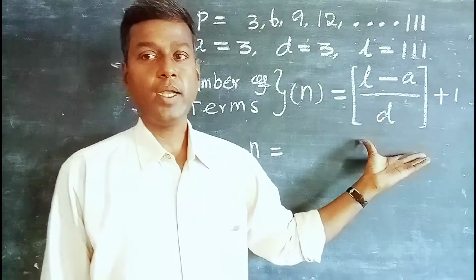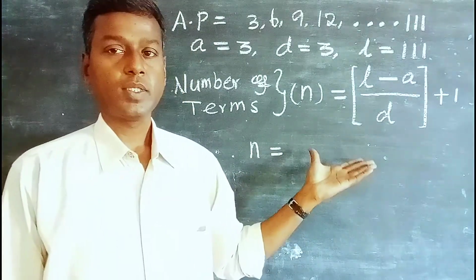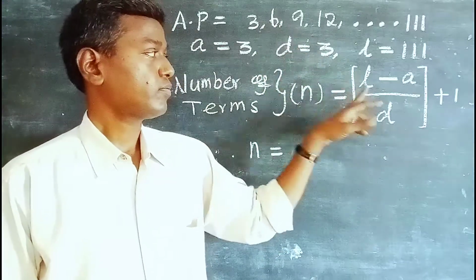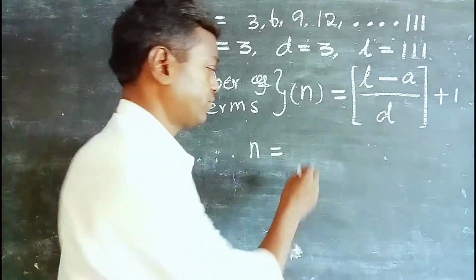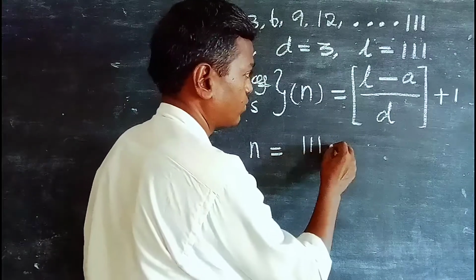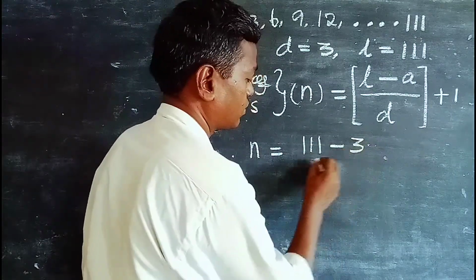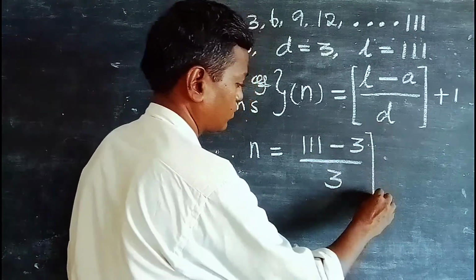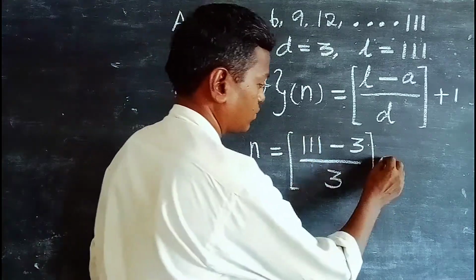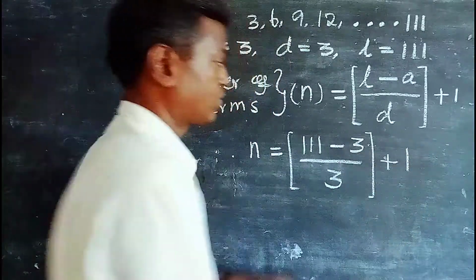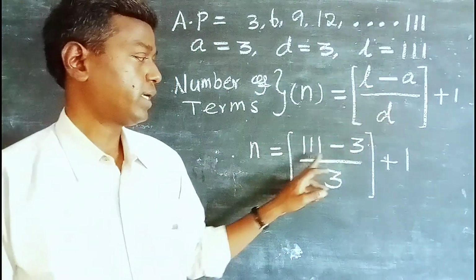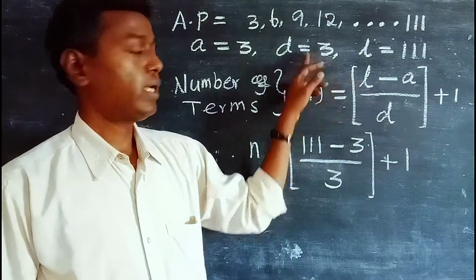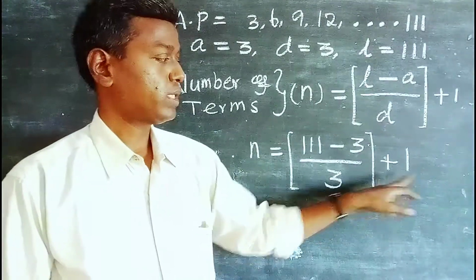So we substitute the values in the formula: L value is 111, A value is 3, D value is 3, plus 1.